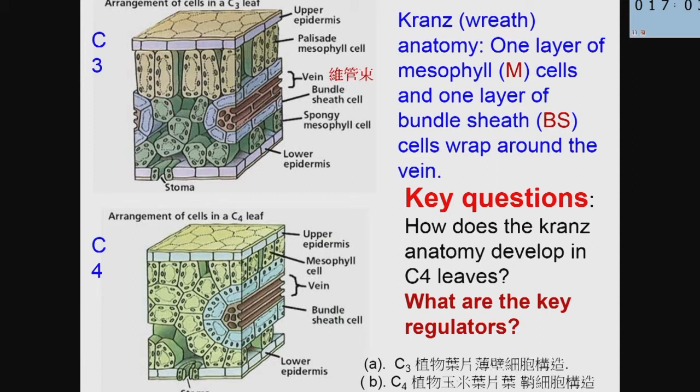But in C4 plants, the bundle sheath cells have chloroplasts. In fact, they are the more important cells for photosynthesis. Because of this, they can concentrate CO2 at higher pressure, and so reduce the oxygenation of carbon better, so it's more effective.